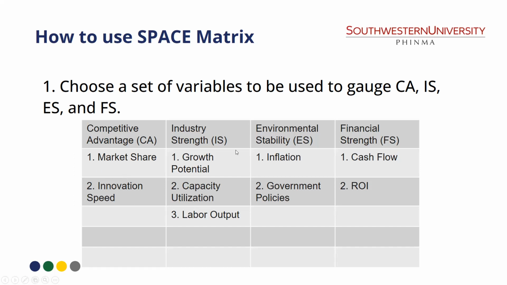For industry strength, I wrote growth potential, capacity utilization, and labor output. For environmental stability, inflation and government policies. For financial strength, we have cash flow and return on investment. So these are examples that we use in the SPACE matrix.